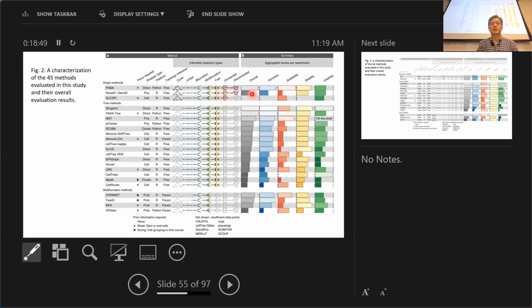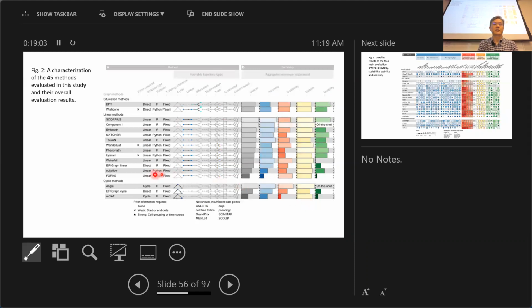And they consider overall score, accuracy, or scalability, whether it takes forever to run on some thousands of cells or not. So different metrics to compare the large number of these packages.